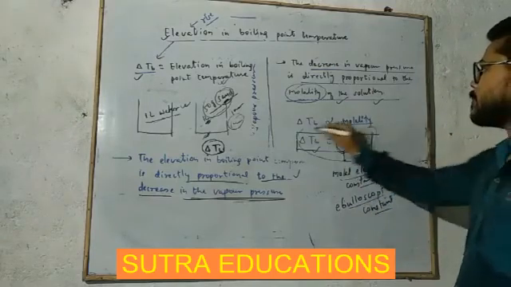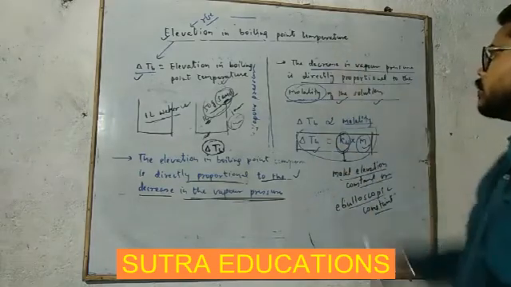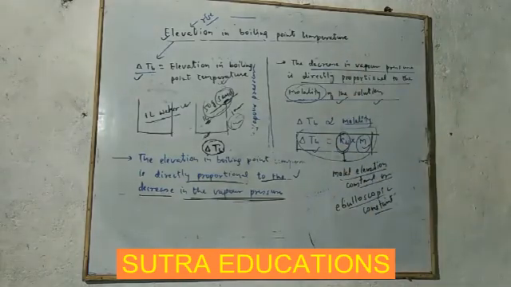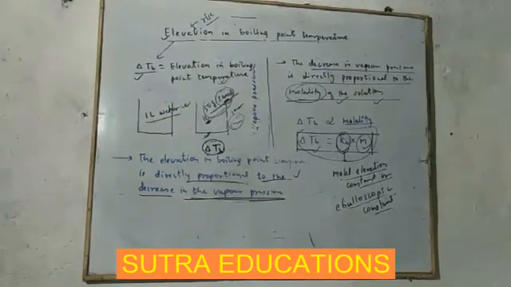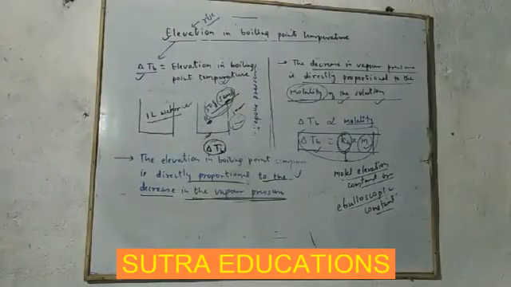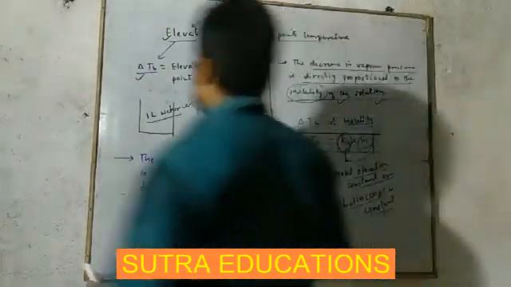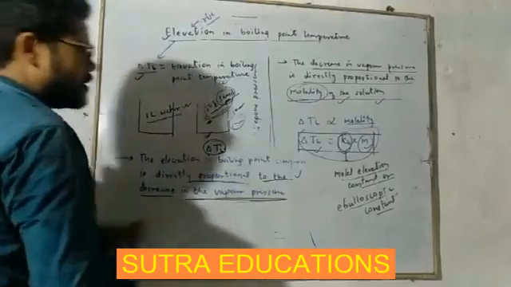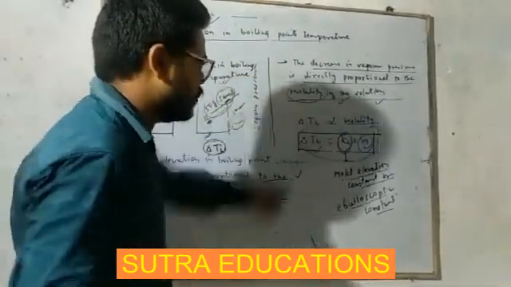Getting this? So this is the elevation in boiling point temperature. Now we are going to calculate the observed molar mass, or just I am deriving this relationship.